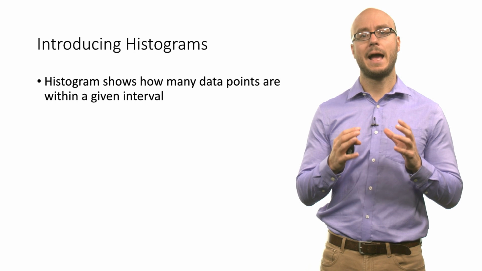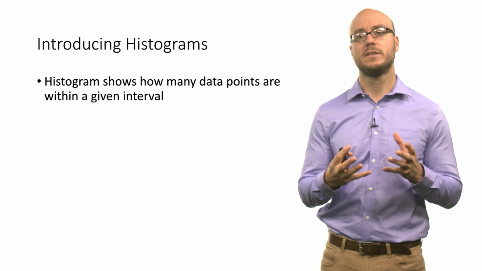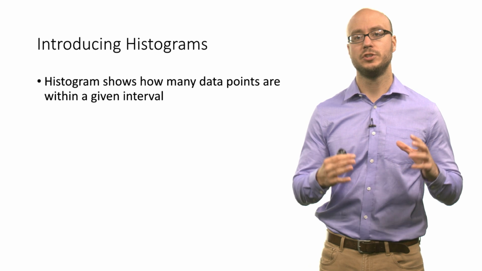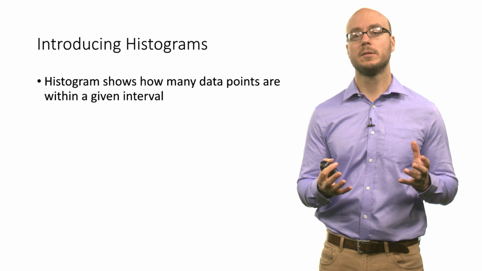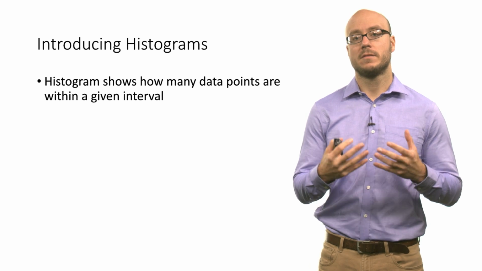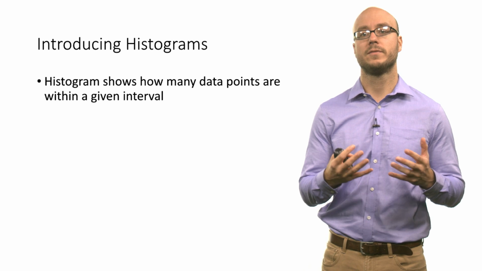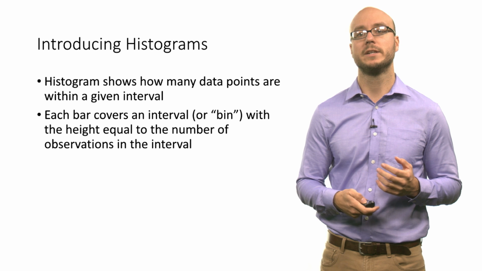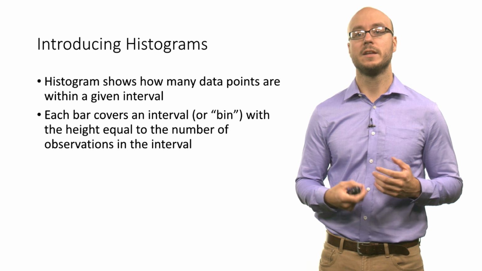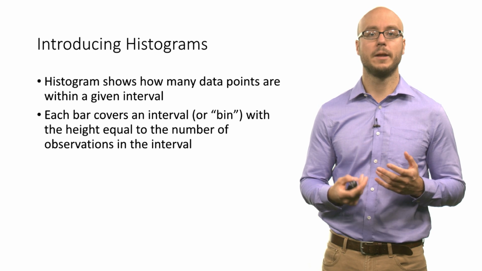They show the number of data points or the density of data points within a given interval. So you can bin a numerical variable based on intervals that really reduce the number of data points that you really are representing in your histogram or in your plot.